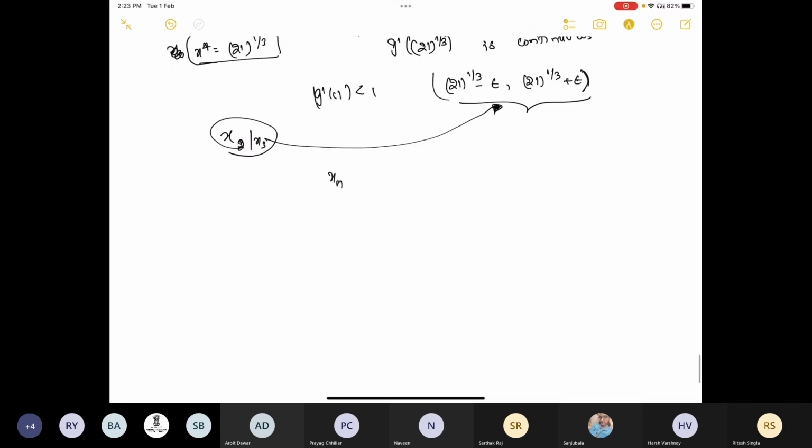If x_n is some sequence converging to my exact solution x star, then how can we find n, the number of iterations, such that my error is sufficiently small? Have we discussed this in the previous tutorial?